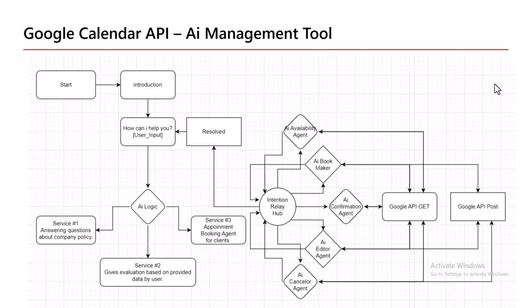This is the Google Calendar API AI management tool diagram. This is the logic behind the software. So once the bot starts, it introduces itself.